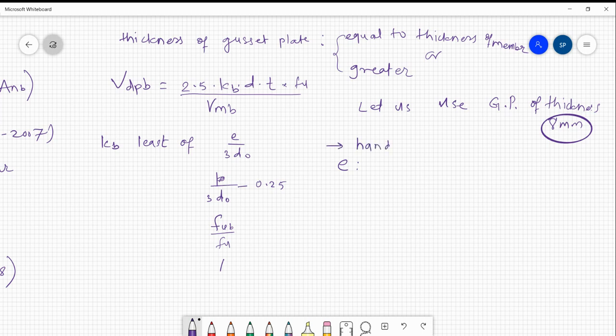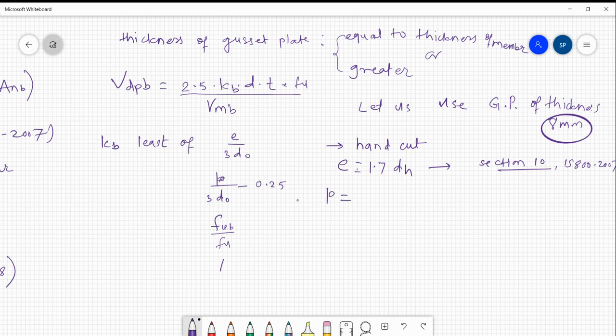Assuming edges to be hand cut, E value will be 1.7 times diameter of hole. Now this is again given in section 10 of IS 800 2007.